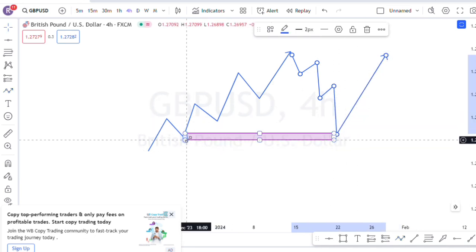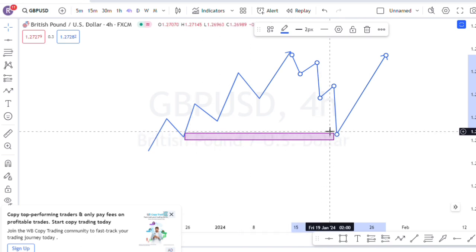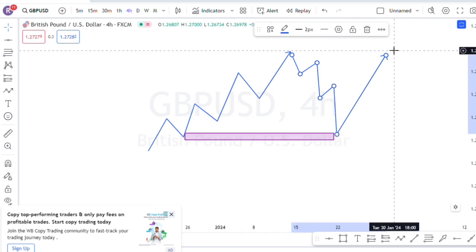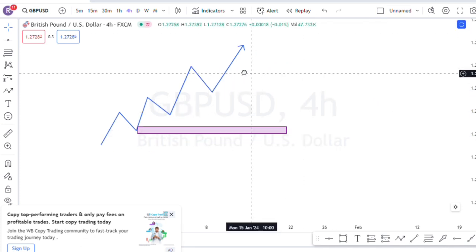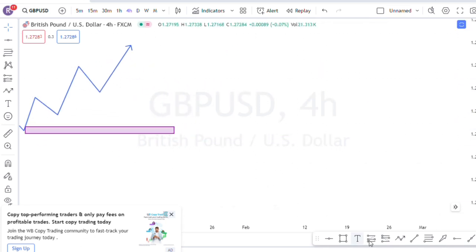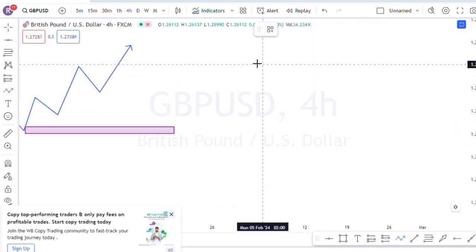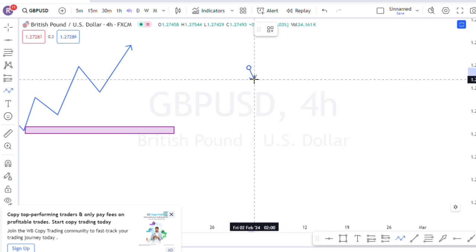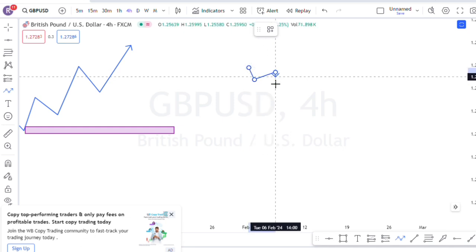For example, from here, as you can see, the market came back and we are looking for buy opportunities. This is an SMC concept that most people use.